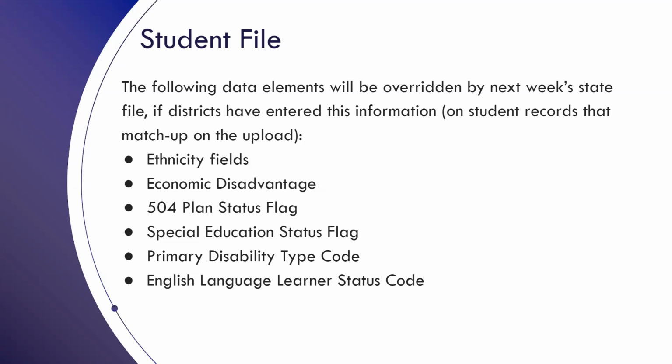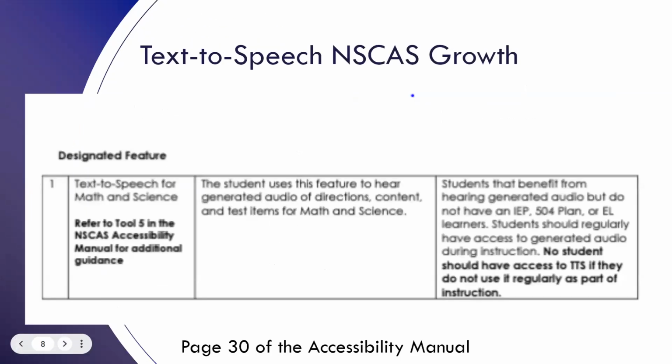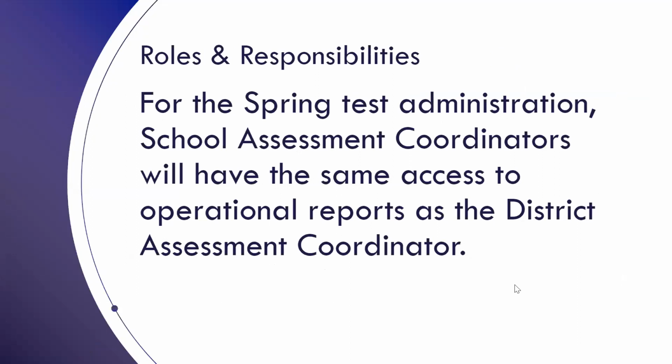The reason they didn't have this is because of the economic disadvantage field. So if any district uploads economic disadvantage information, your school assessment coordinators will see that data in the operational reports.